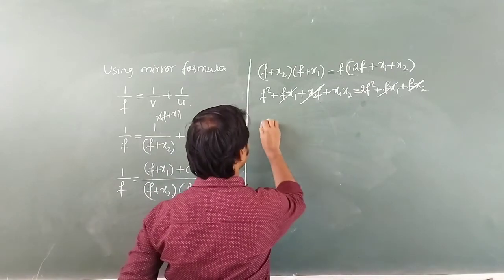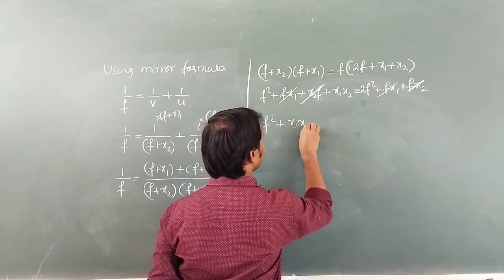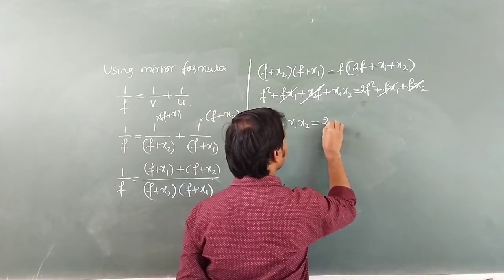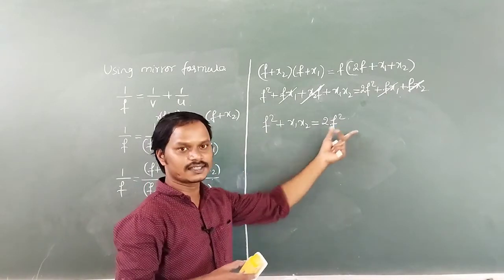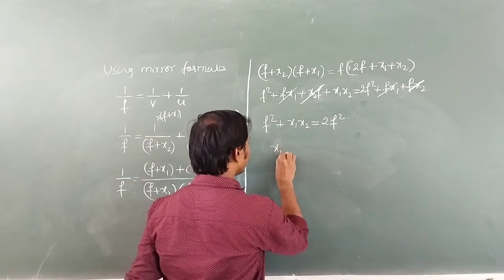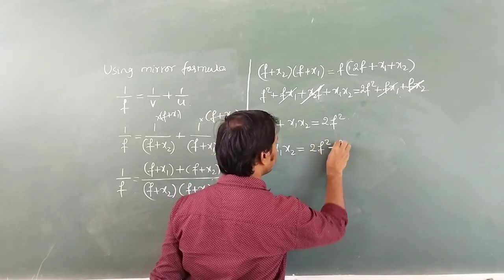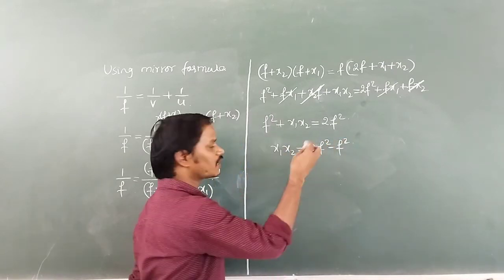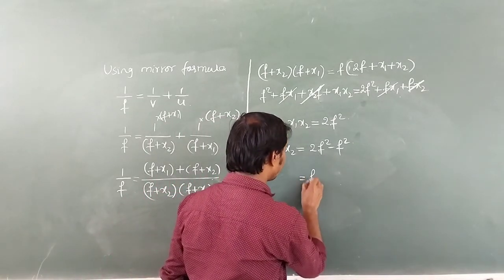Then what remains now? F square plus x1 into x2, that is equal to 2f square. So let us take this f square to the right hand side. Then x1 into x2 is equal to 2f square minus f square, that is f square.